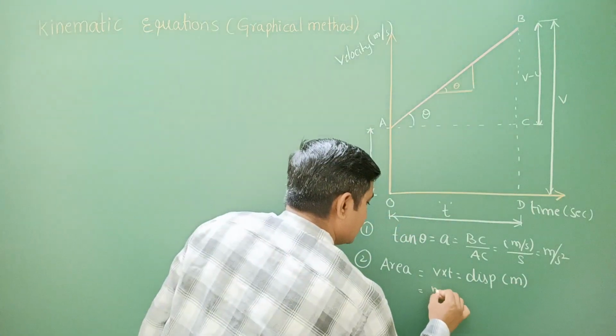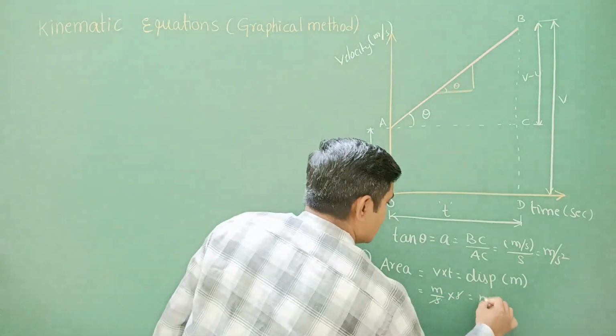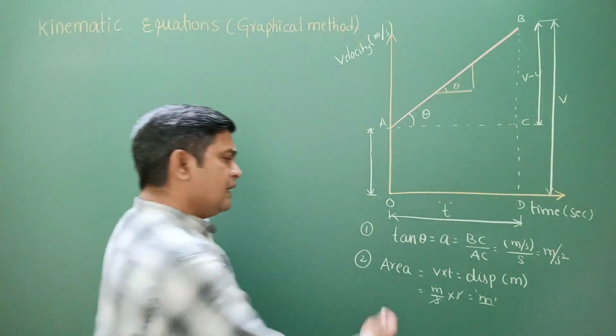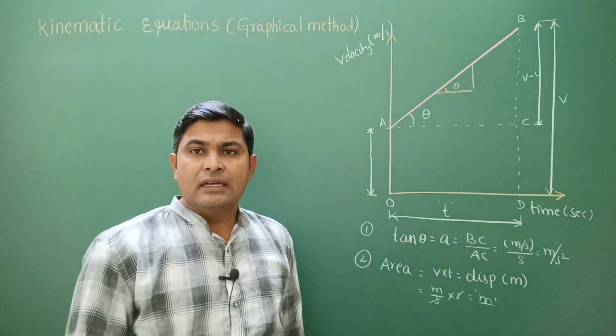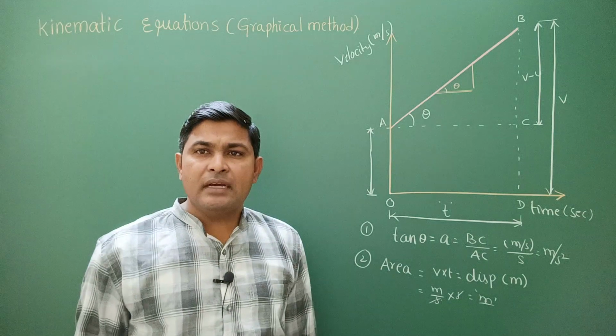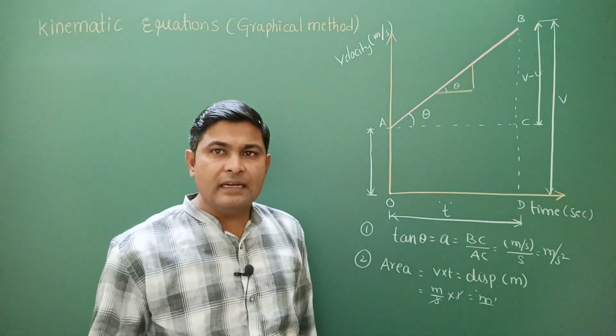You can recheck here: meter per second into second, the seconds get cancelled, and you get meter. So we can conclude the area is going to give us displacement or distance. It is a one dimensional body, we are imagining one dimensional motion, that's why we can say it is displacement.